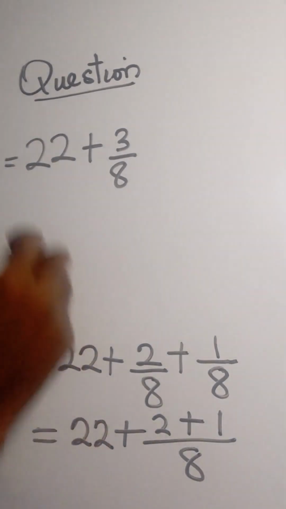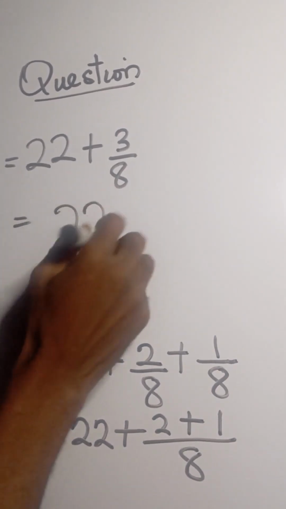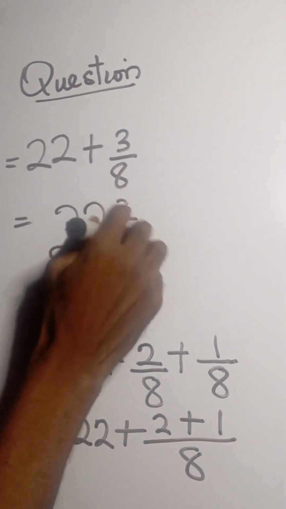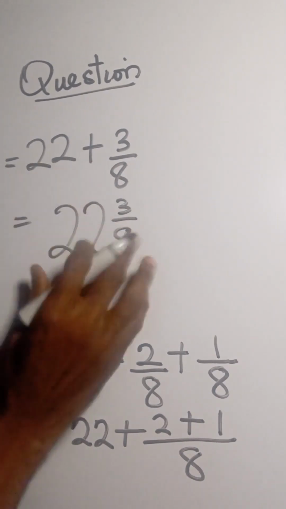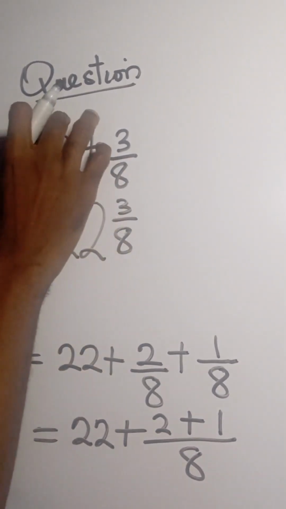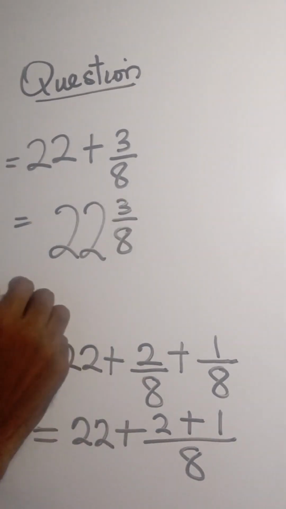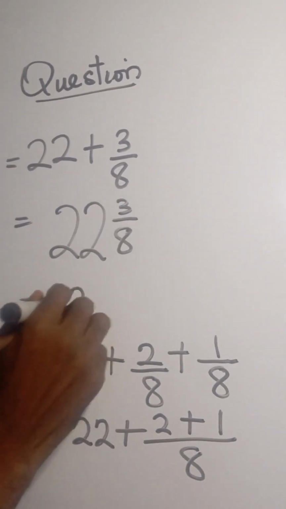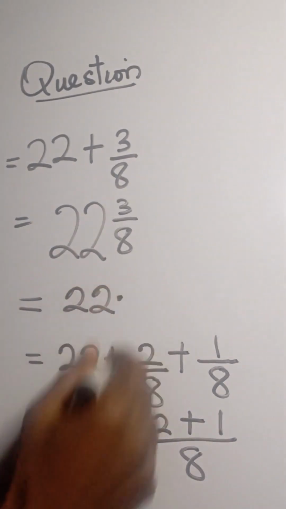When you have a whole number and a fraction in maths, you can simply remove the plus and join them. You apply this only for plus. But our final answer, we are going to write as 22 point something.